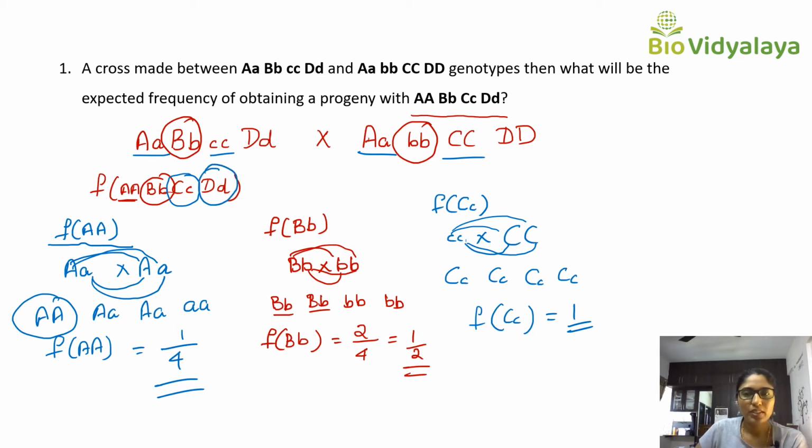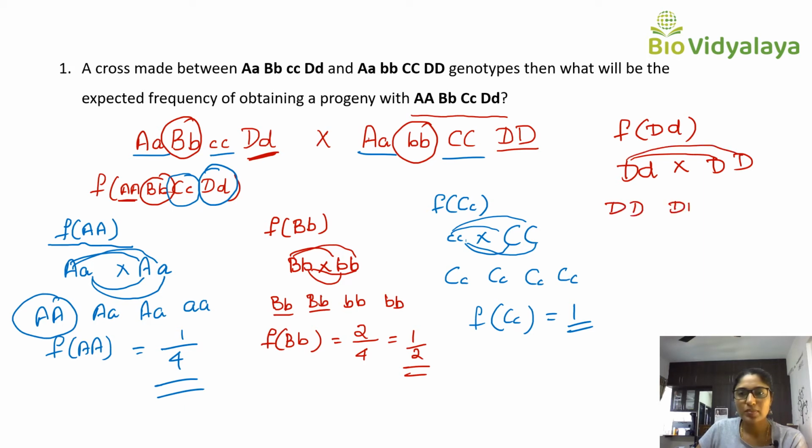Okay, next we have to find the frequency of getting capital D, small d. When crossing capital D, small d with capital D, small d, we get capital D, capital D, capital D, small d, and capital D, small d.